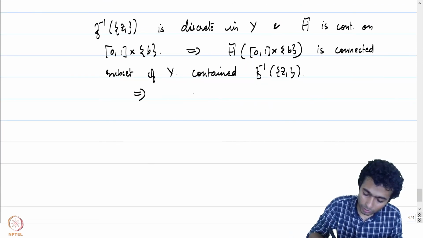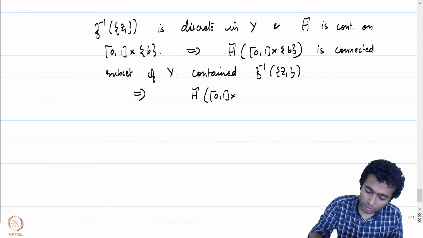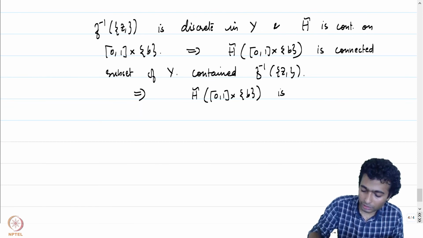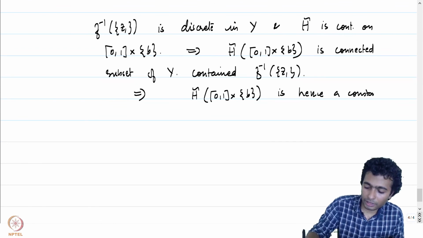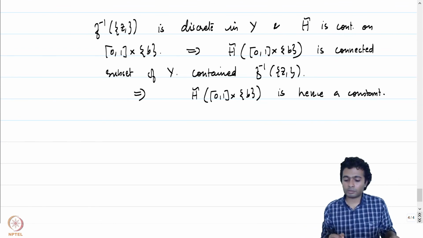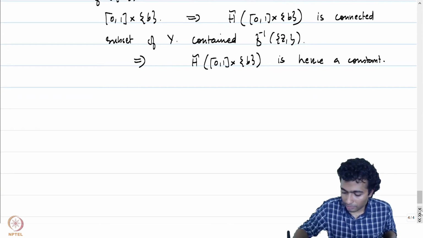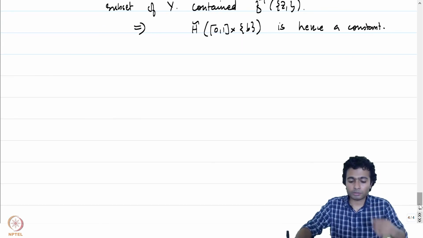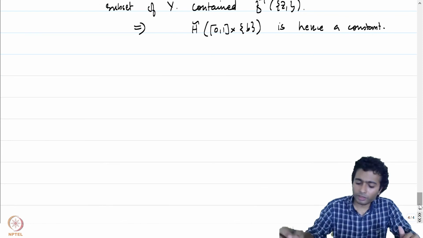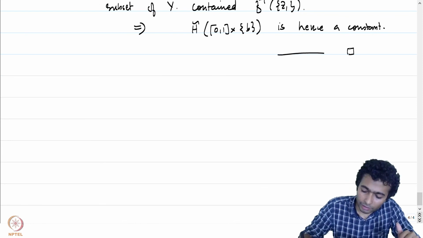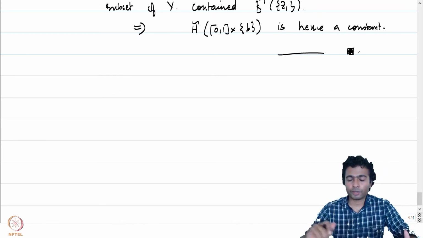Let me just note here that H tilde of 0, 1 cross B is hence a constant, and that's precisely the demand that gamma S tilde has the terminal point some fixed Z1 tilde. So with that we have completed the lift of the homotopy.